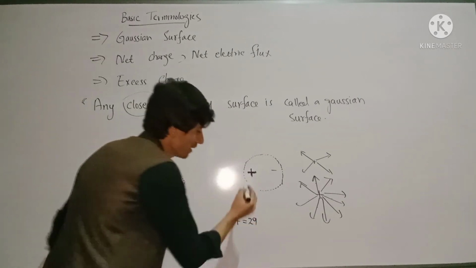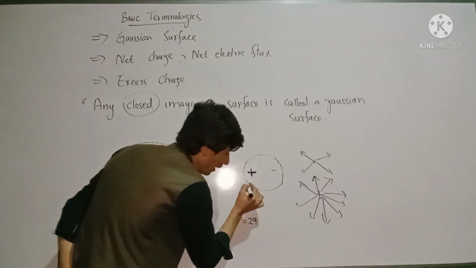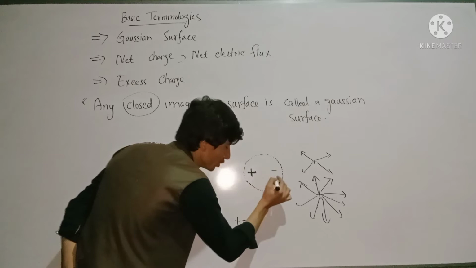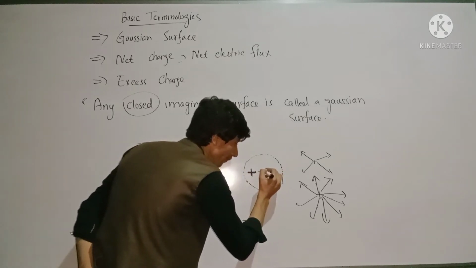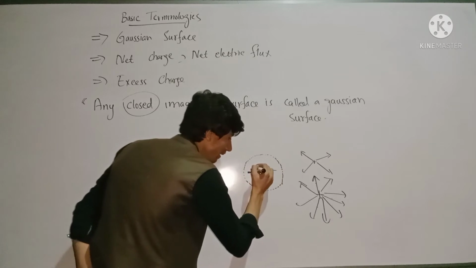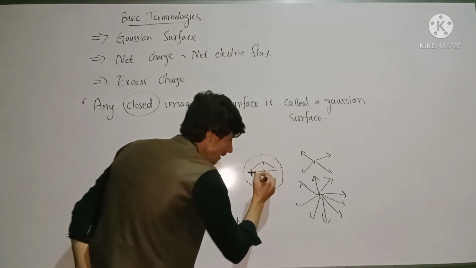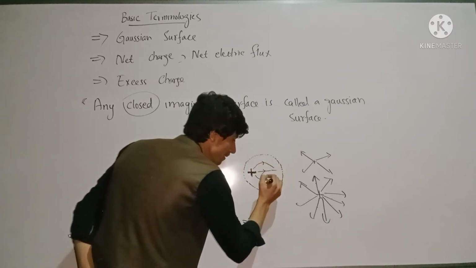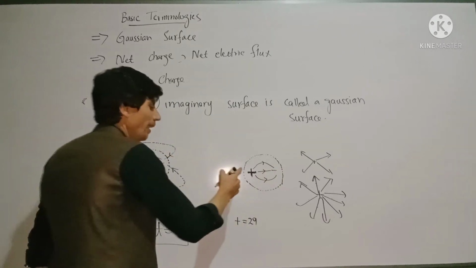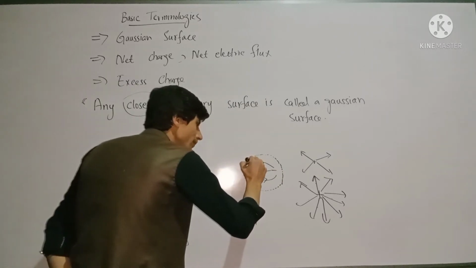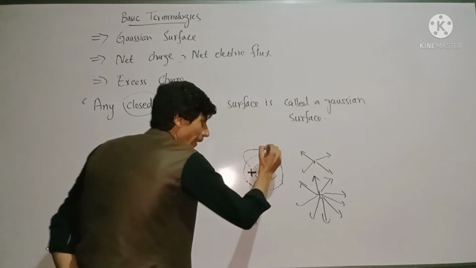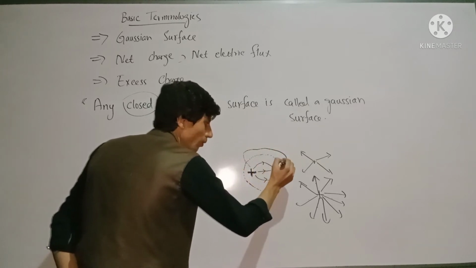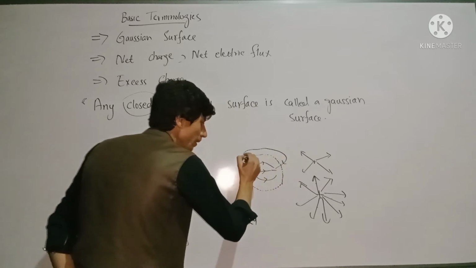So now in this case again, the electric field developed by these two charges is represented by electric field lines which are like this and this. But keep in mind again we have some electric field line leaving the closed surface and entering again to the closed surface.